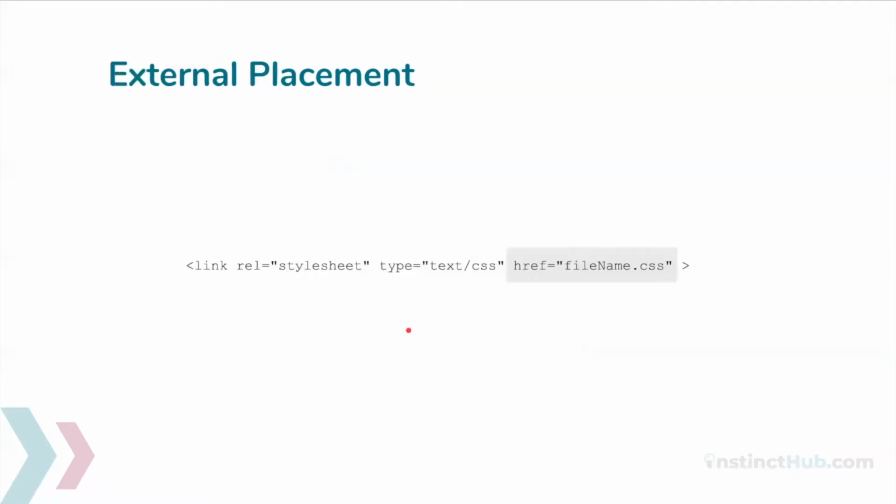Let's take on the last one, which is the external style. The external style simply means that you're creating a file externally. You're creating a .css file. So the name of the file could be my style.css, it could be style.css. Just make sure that it ends with the extension .css. So this is the file, this is the link, this is how you now link it to your HTML document.